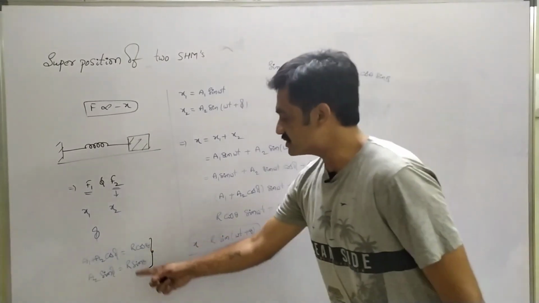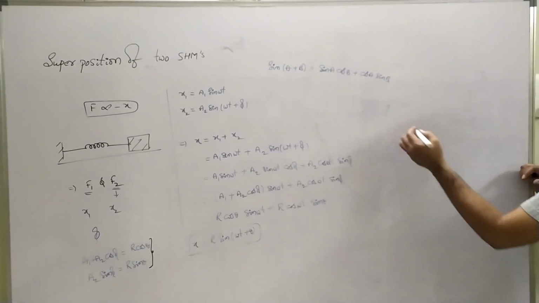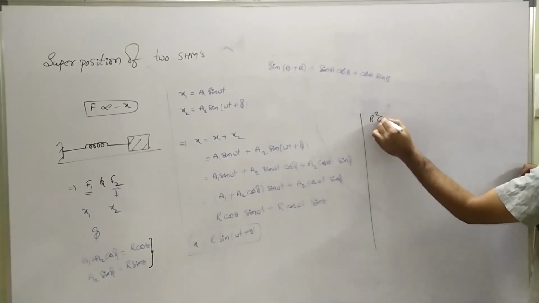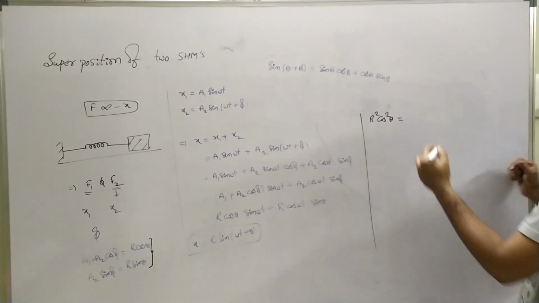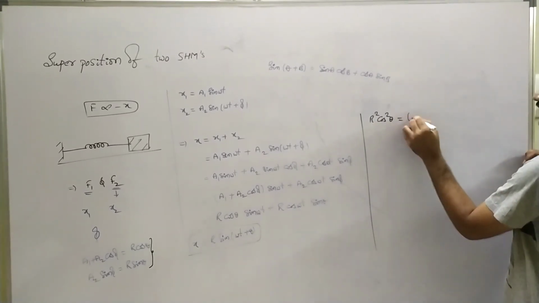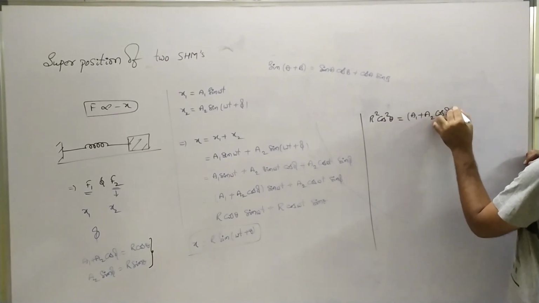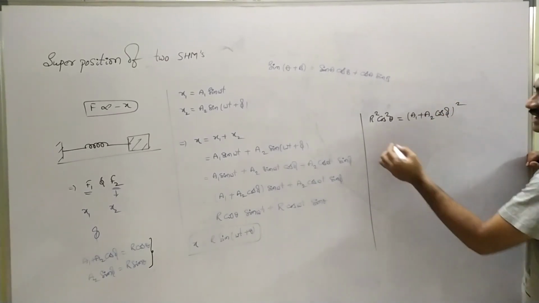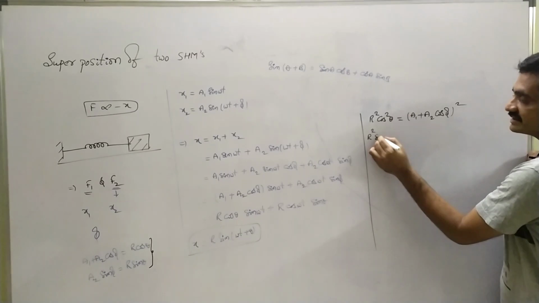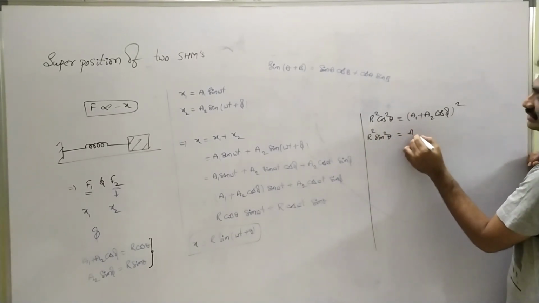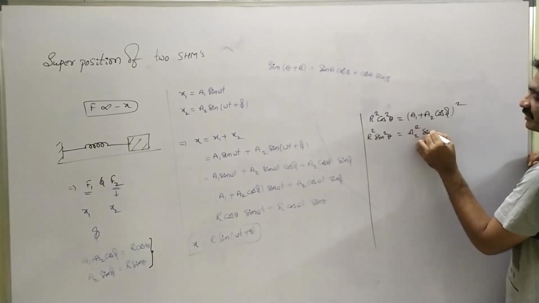So let us square these two equations. On squaring, we have r square cos square theta equals (a1 plus a2 cos pi) whole square, whereas r square sin square theta equals a2 square sin square pi.